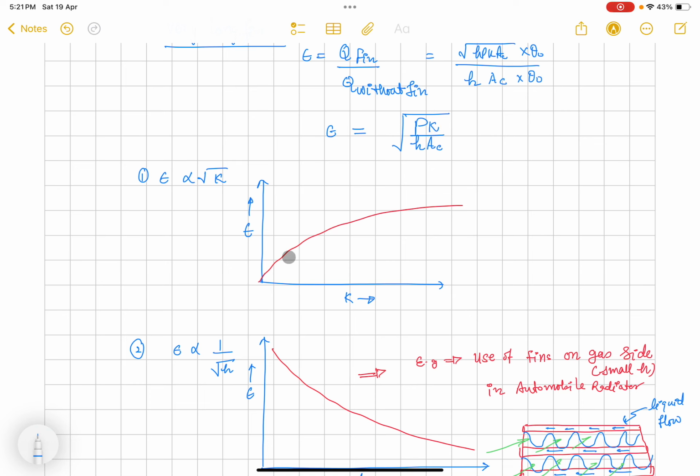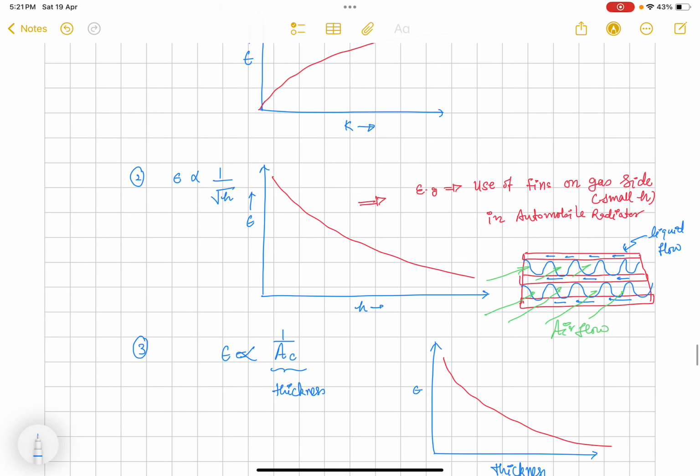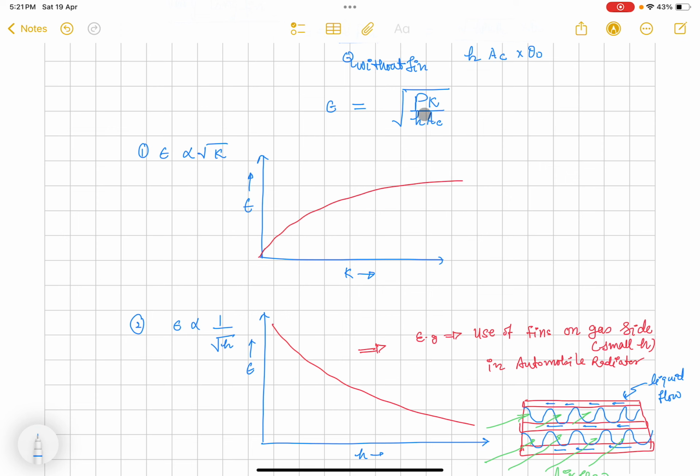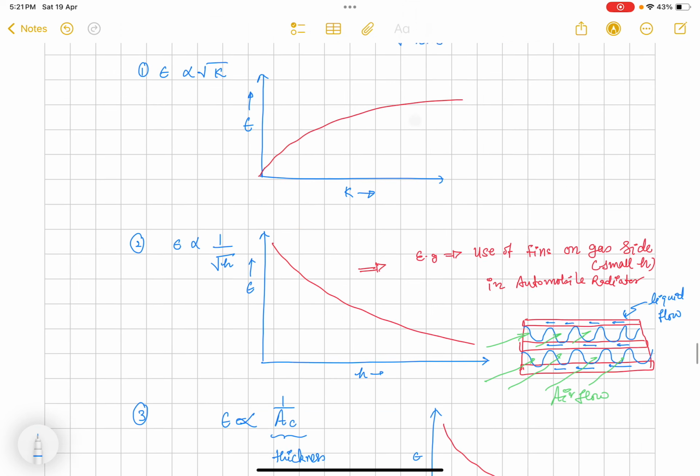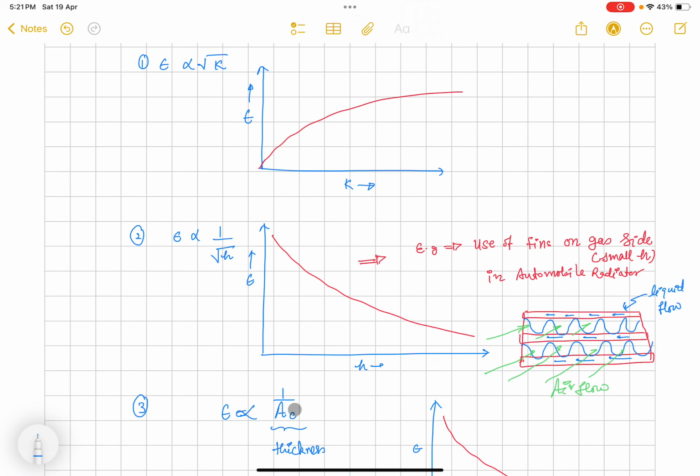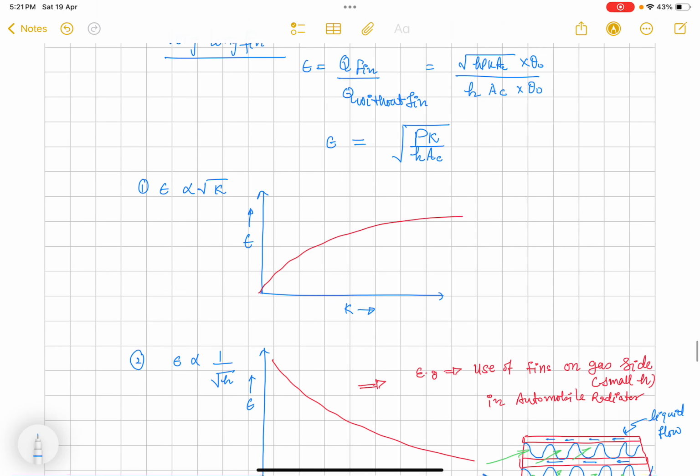So with increasing thermal conductivity of the material, effectiveness of the fin increases. Similarly, it is also inversely proportional to the heat transfer coefficient and also the cross-sectional area. All right.